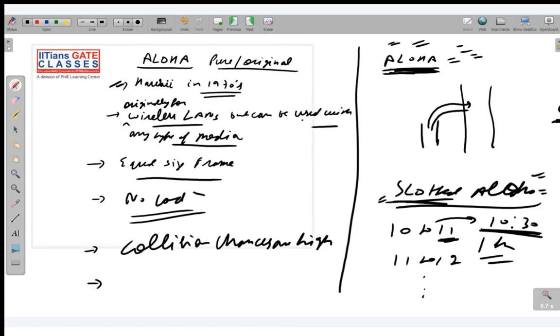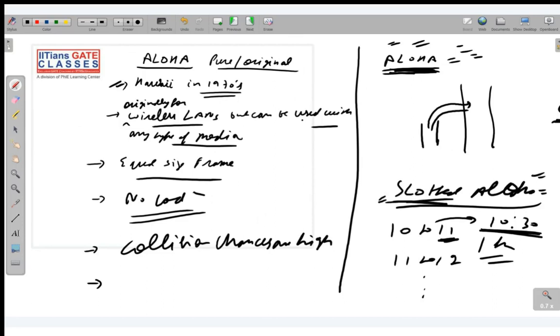So how will he remove his dilemma? He will expect an acknowledgement from the receiver. That is an important point. In pure Aloha, acknowledgements are sent by the receiver to the sender, so that the sender removes his dilemma about whether everything has been received by the receiver properly or not.